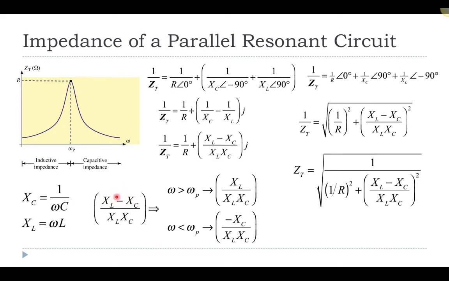So I could ignore the inductive reactance and I get the expression I have over here, but I realize that I would cancel out those two capacitive reactances and the only thing that's left is the inductive reactance. So the inductive impedance is what dominates the importance in a parallel circuit for frequencies that are lower than the parallel resonance frequency.